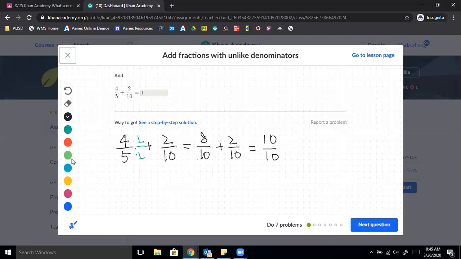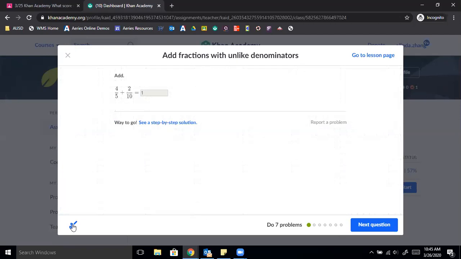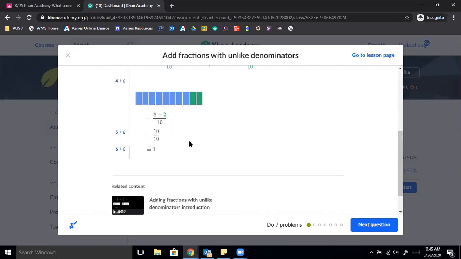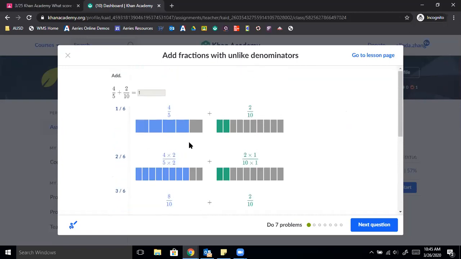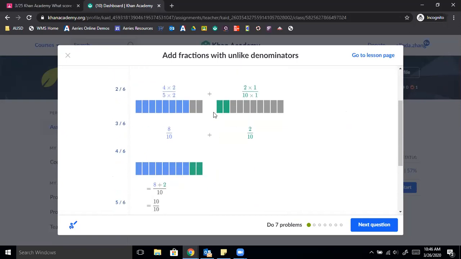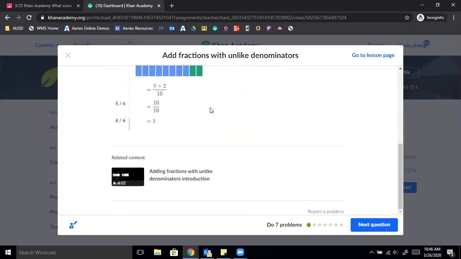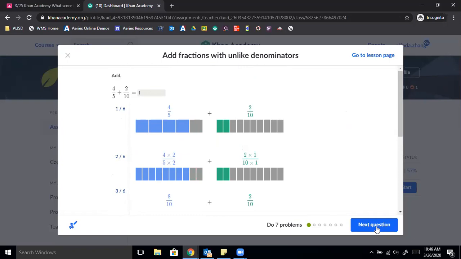So you have to make sure that you click out of this marker thing, otherwise you can't click anything on the page. So if you want to see a step-by-step solution for how they did it, this is also what you would have seen if you had clicked through the hints. Okay, so let's look at the next question.